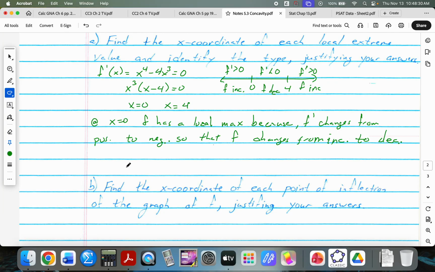All right, then at x is 4, f has what? Yeah, local minimum. Because f prime changes from negative to positive.